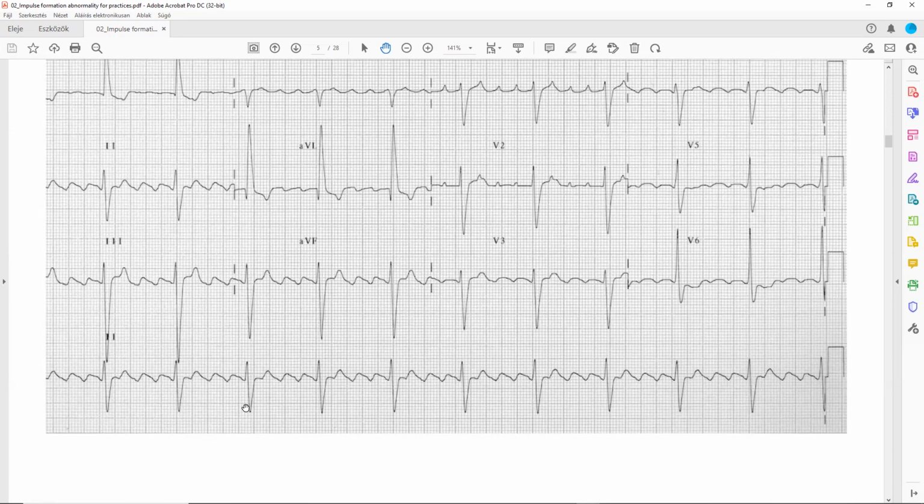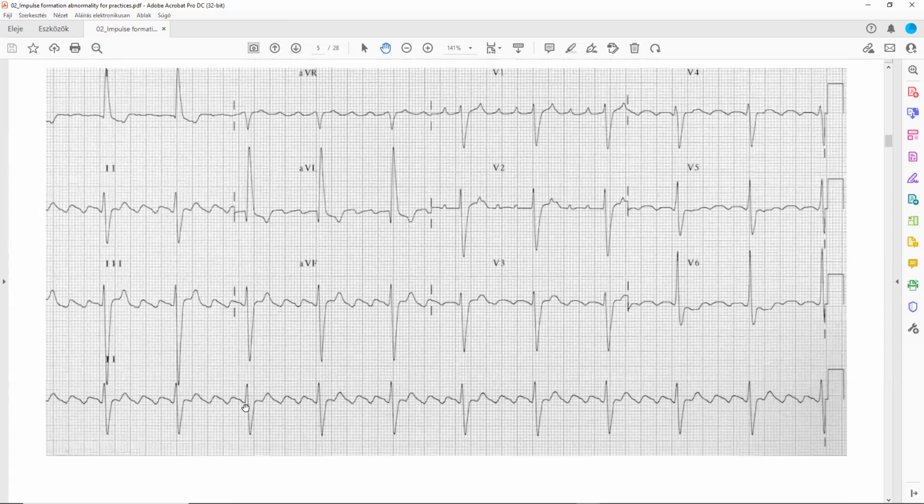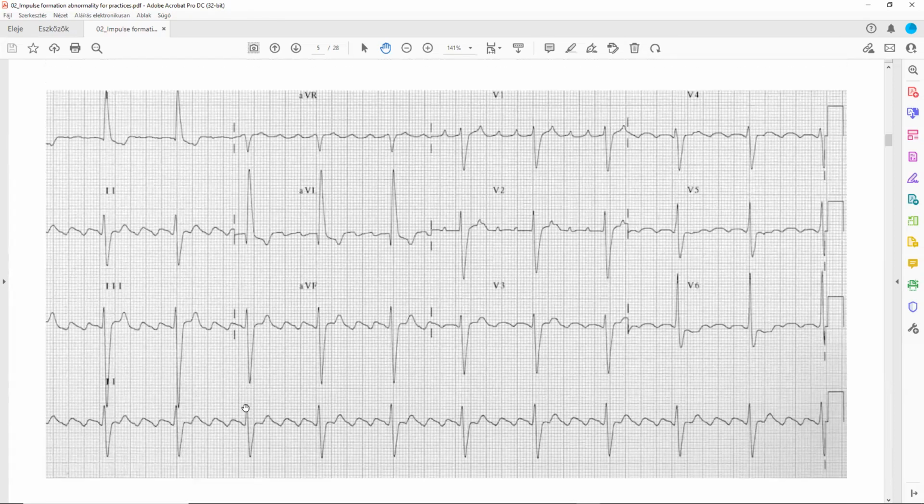Okay, and the next one is the axis. Lead one is positive, and the AVR is negative.